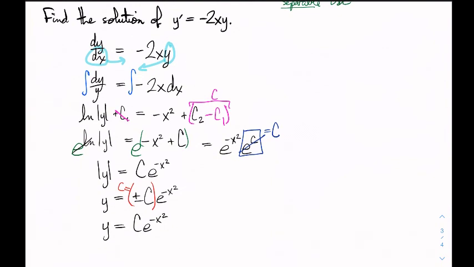So one other thing, though, that looked pretty fishy is what happened back here in this step. Actually, what I did right here is I was integrating 1 over y times dy dx dx.